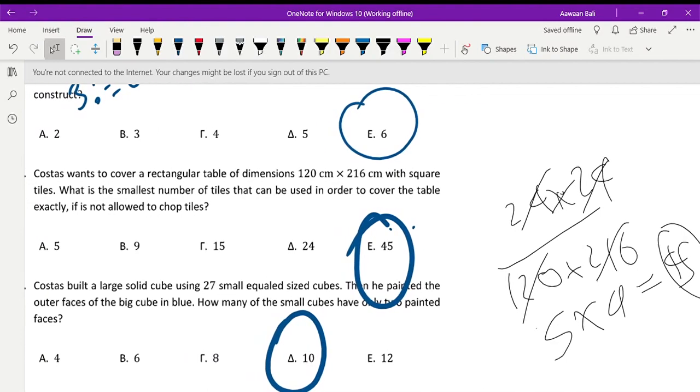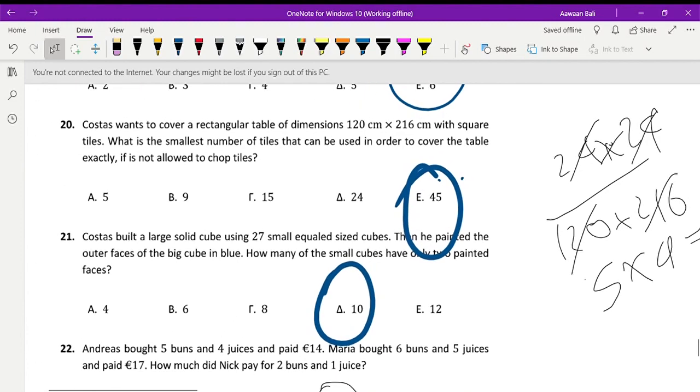We're doing 120 divided by the factor and 216 divided by that factor to get 5 times 9, which is 45, and that factor is 24. And we had to get the biggest one, because otherwise there would be a longer simplification and it wouldn't work as well. So, question number 21.